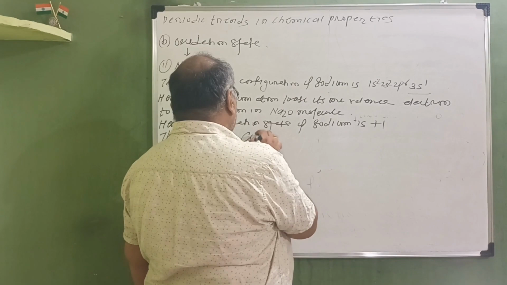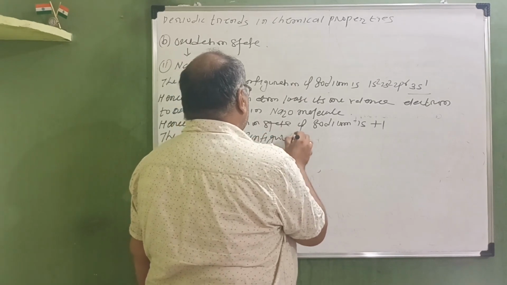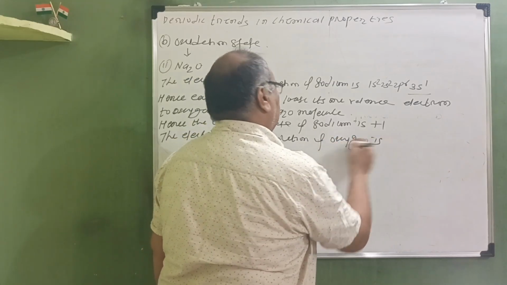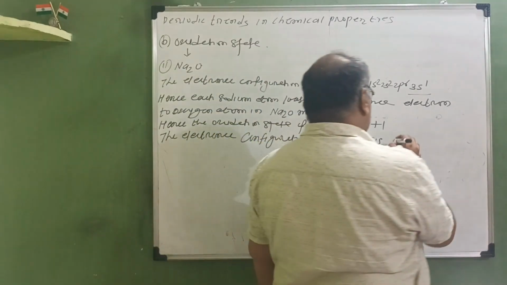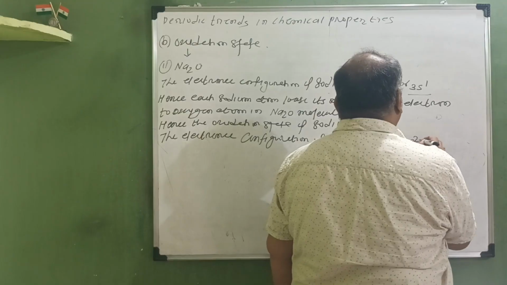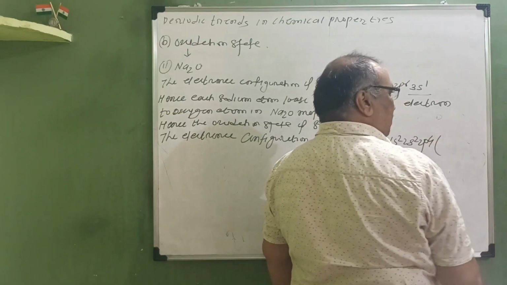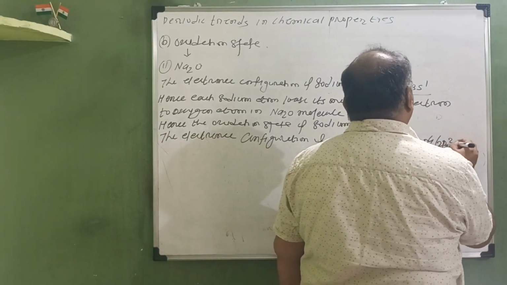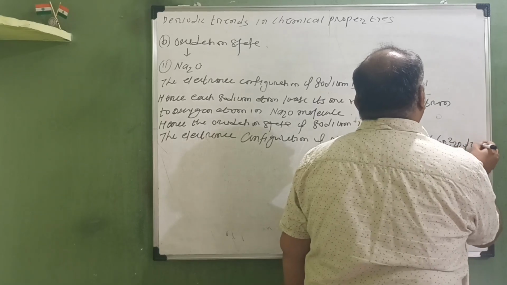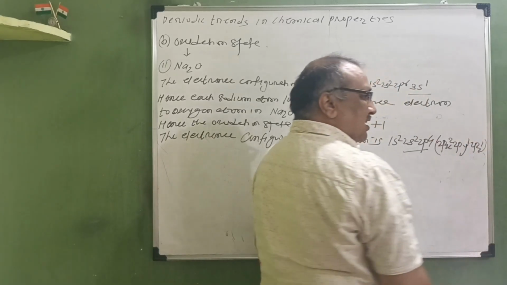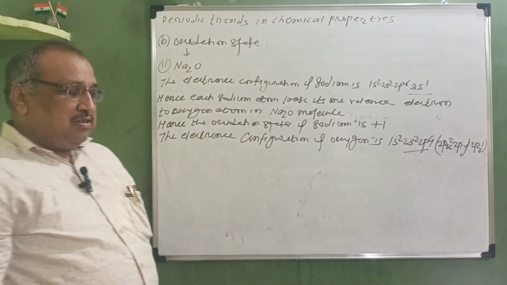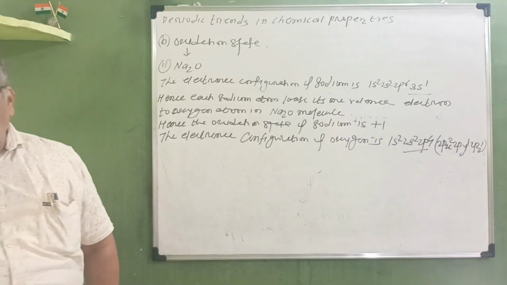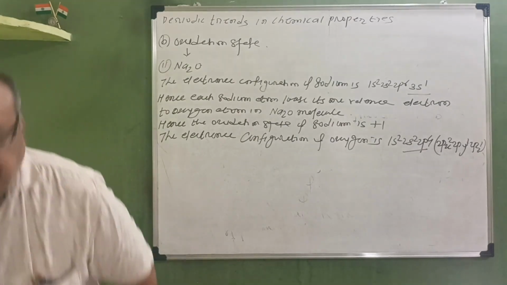Now here the electronic configuration of oxygen is 1s2, 2s2, 2p4. Again apply Hund's law, maximum multiplicity, that is 2px2, 2py1 and 2pz1. That means here there are 6 electrons in the valence shell, so 2 electrons are required to complete the octet.